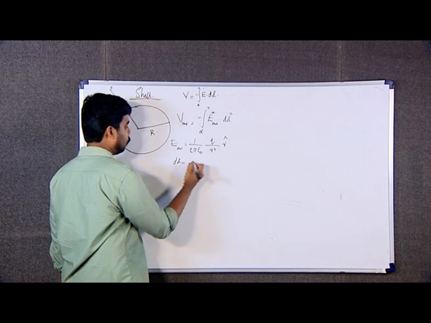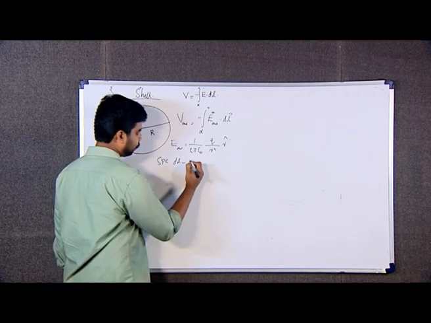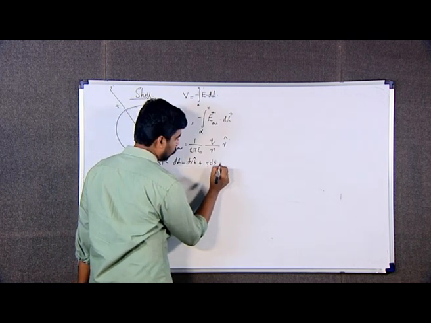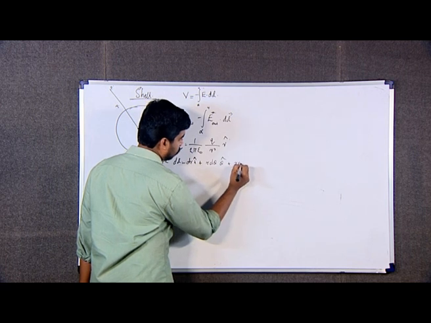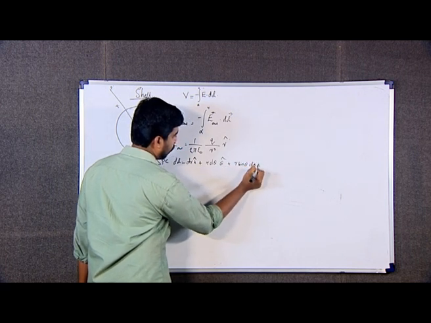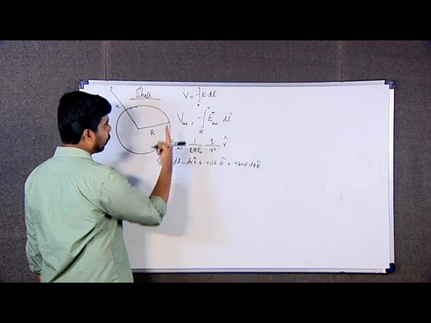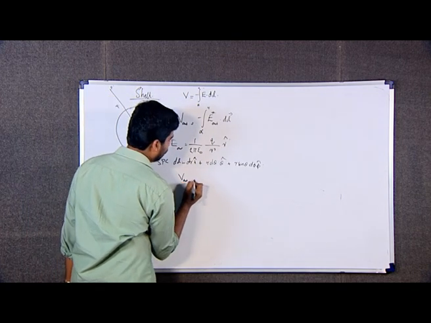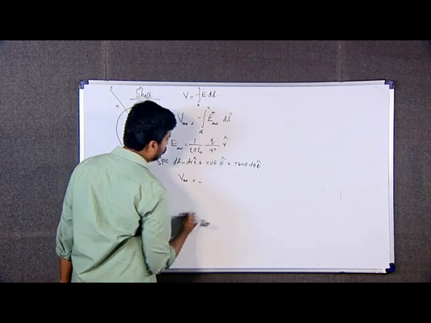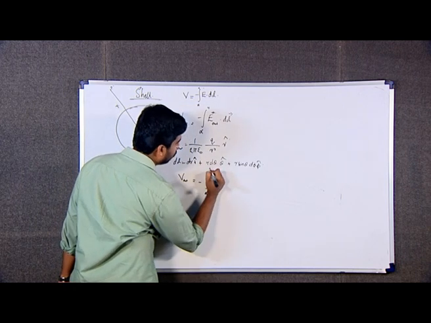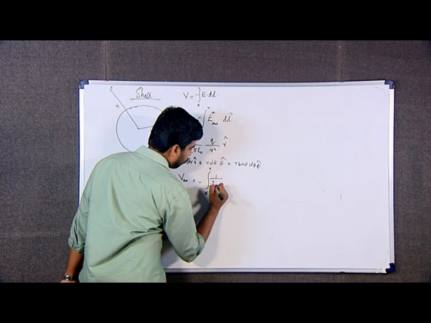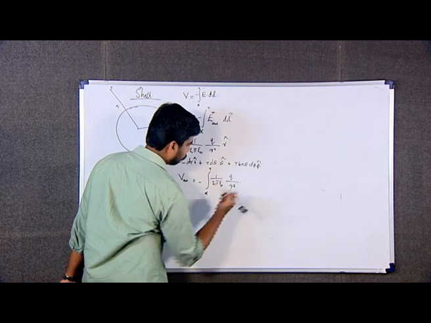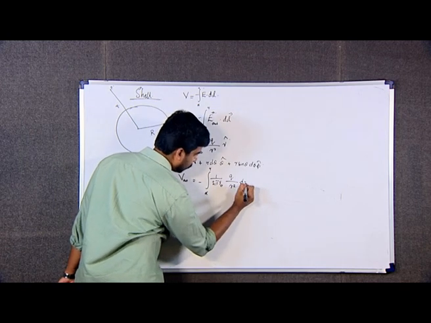Similarly, dl is equal to, in the spherical polar coordinate system, dr r cap plus r d theta theta cap plus r sin theta d phi phi cap. We can substitute these two values, only the first term will survive, and we get V out is equal to the integral from infinity to the point r of 1 by 4 pi epsilon 0 q by r square into dr.